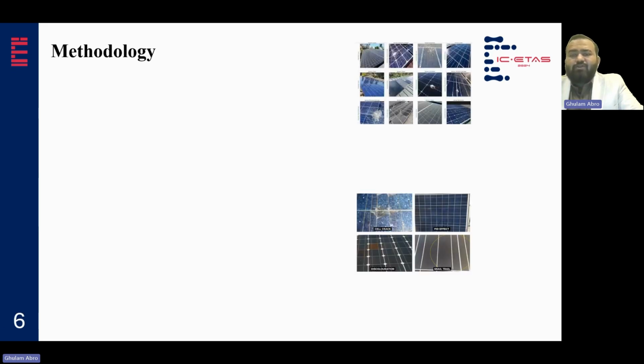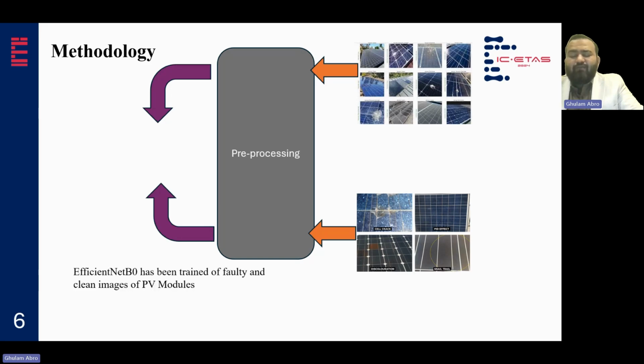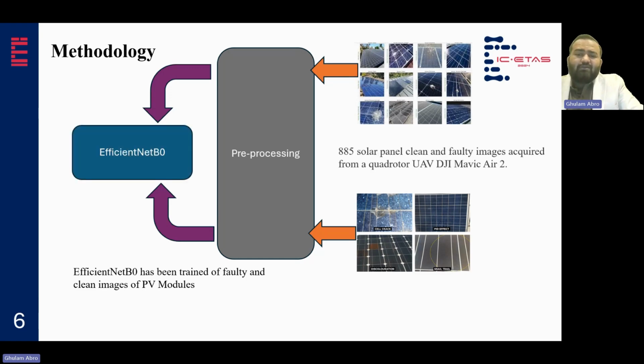So what is our methodology? We took images of clean panels and defective panels and then pre-processed them so that we get clean data on which we can apply our algorithm. We are applying EfficientNet-B0, with which we train our data, and once trained, we get better results.